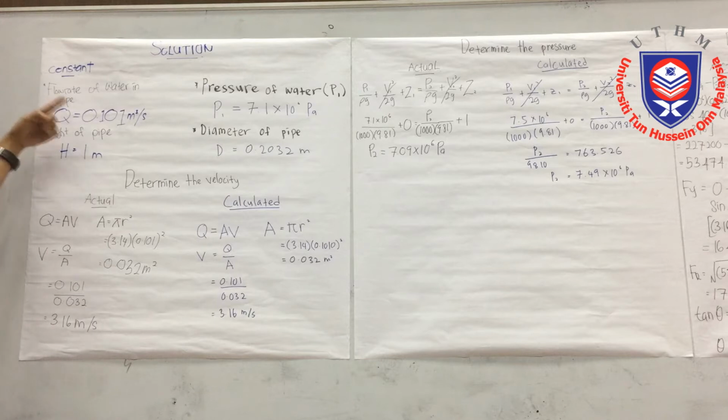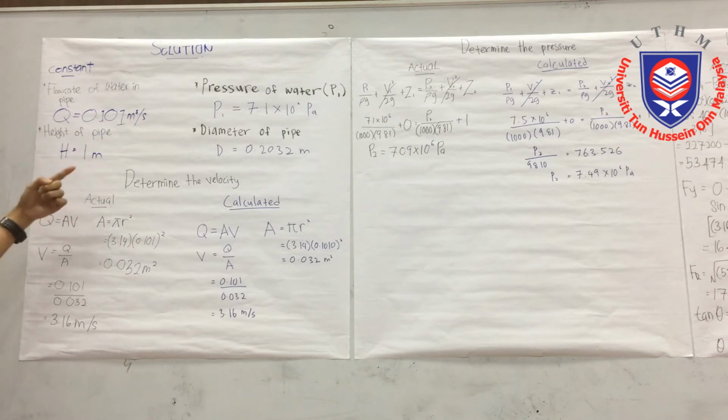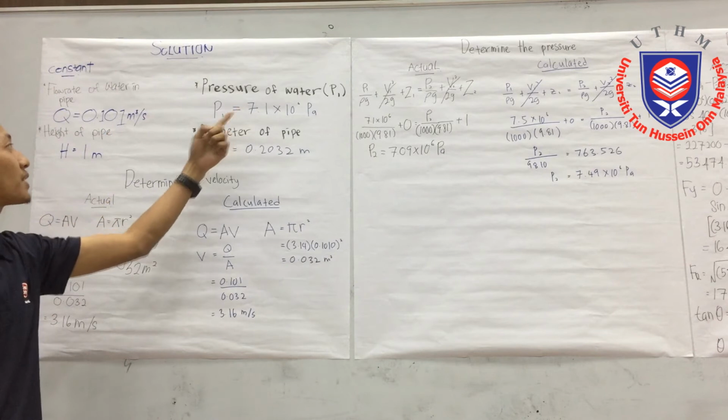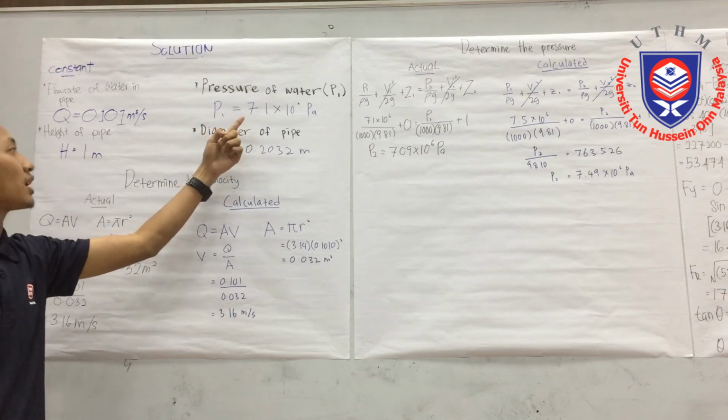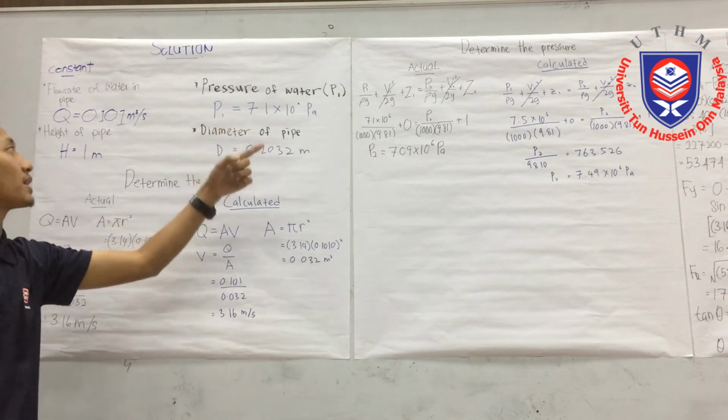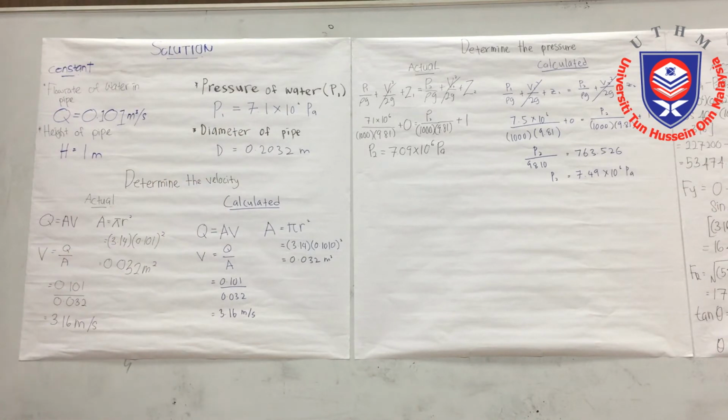The flow rate of water in the pipe, Q, is 0.1 meter cube per second. The height of the pipe is 1 meter. The pressure of the pipe is 7.1 times 10 to the power of 6 Pascal, and the diameter of the pipe is 0.2032 meter.